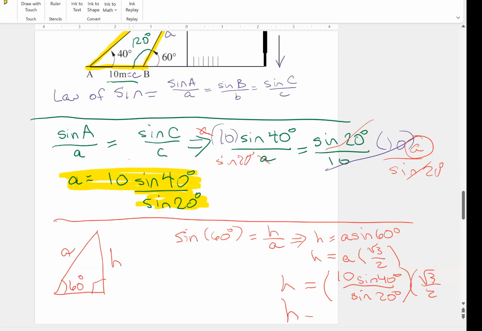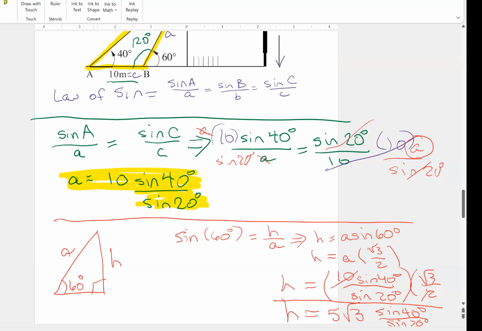So I have H is equal to 10 over 2 is 5 times the square root of 3 times the sine of 40 degrees over the sine of 20 degrees. And that is the answer. I can't do any more without a calculator. That's a very acceptable answer. There's nothing wrong with it. It's perfect. And that's as far as you can go.